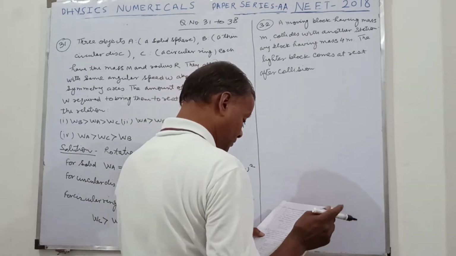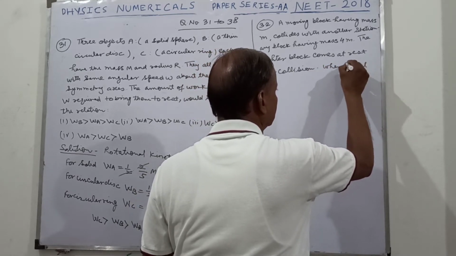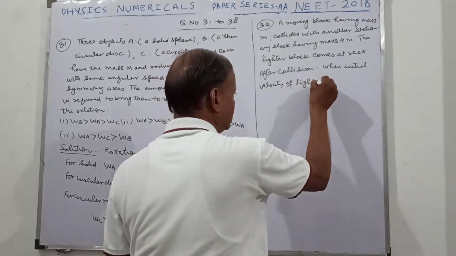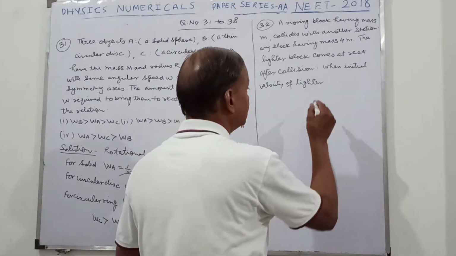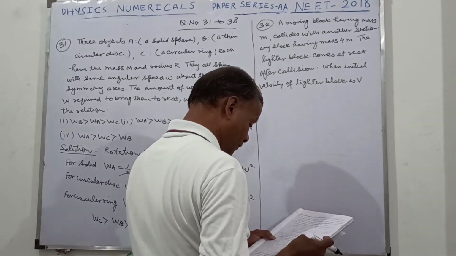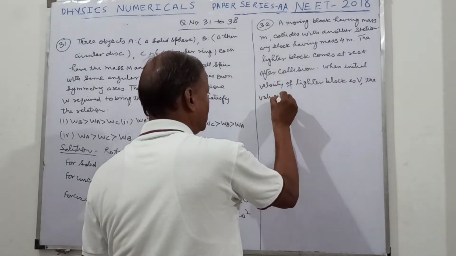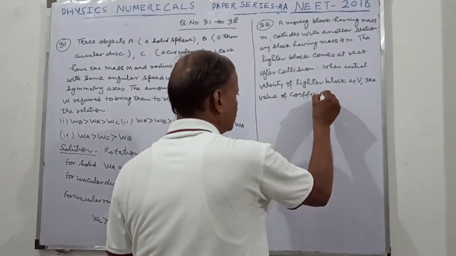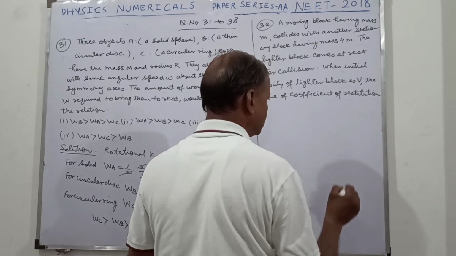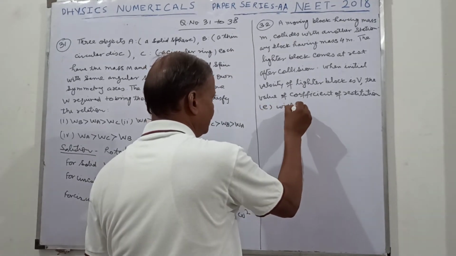When the initial velocity of the lighter block is V, the value of the coefficient of restitution e will be.